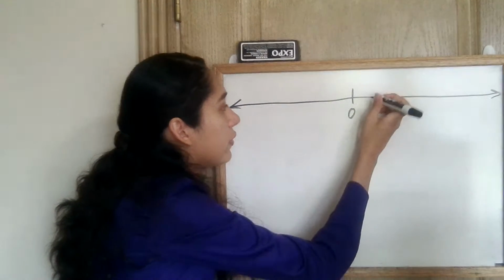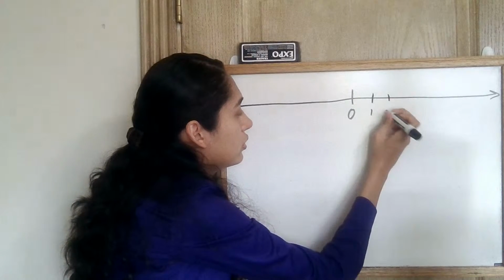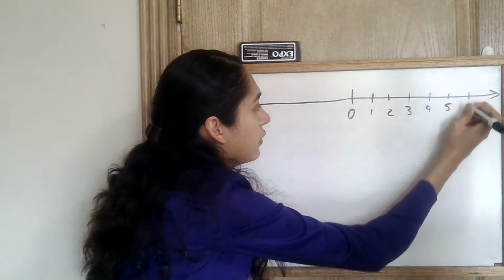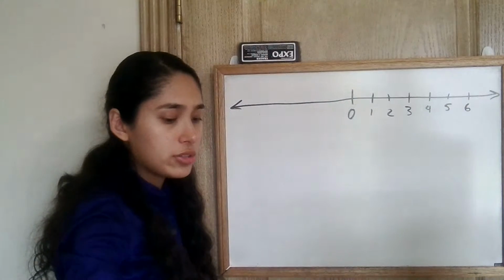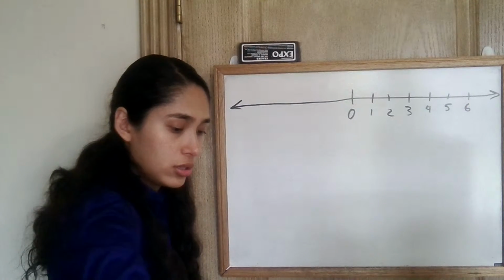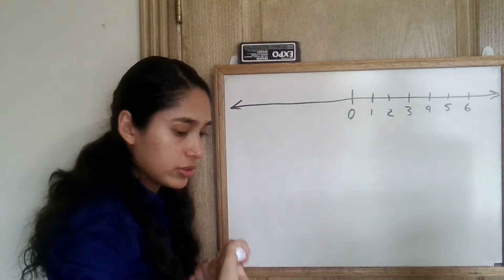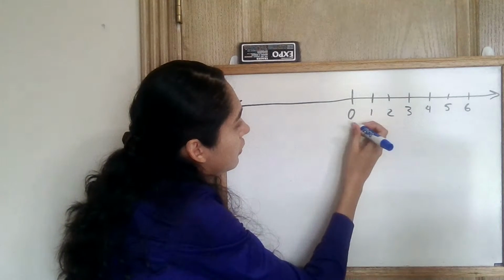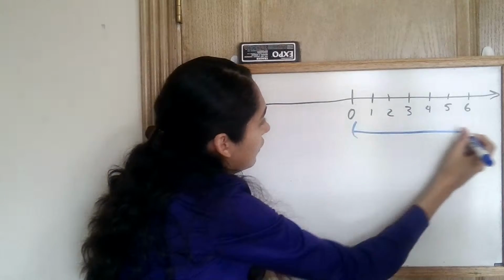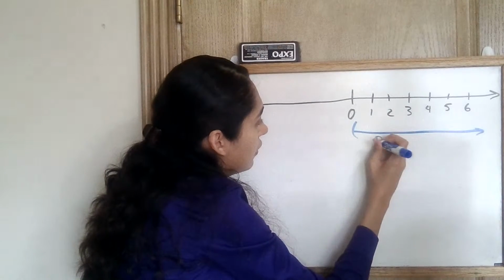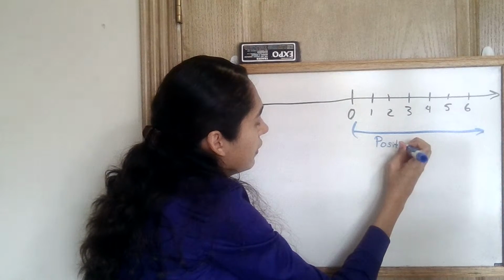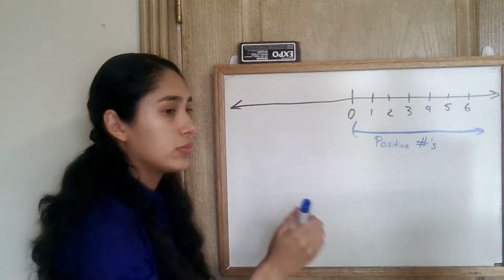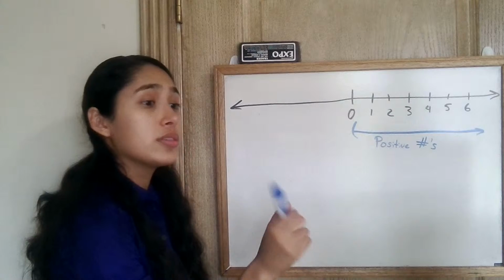Then we have 1, 2, 3, 4, 5, 6. These are called positive numbers. 0 is not positive nor negative.